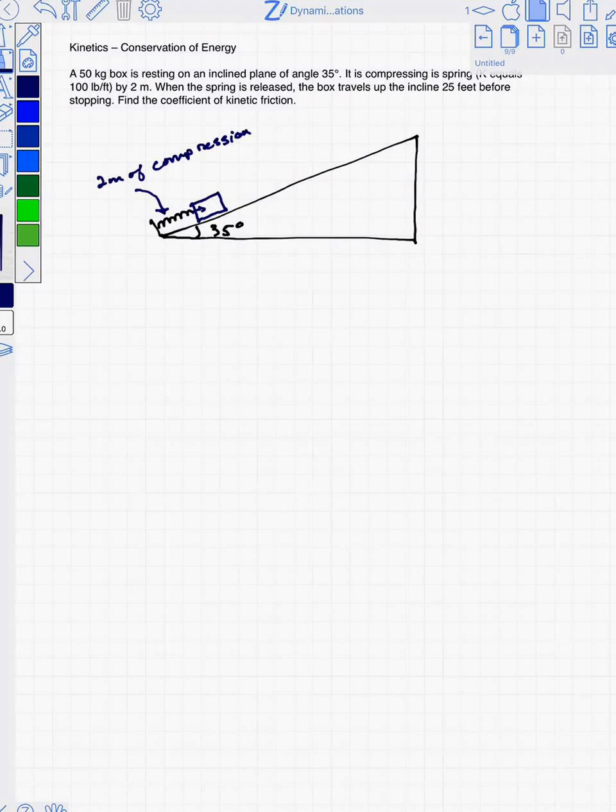Let's call this point of the box point 1. The box then travels up the incline a distance to point 2 of 25 meters. Oops, 25 feet.